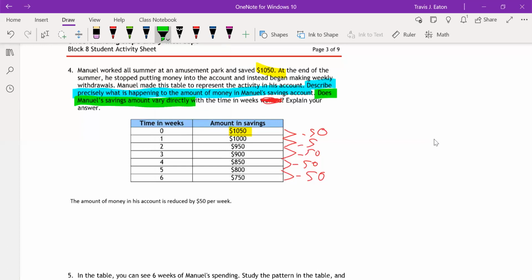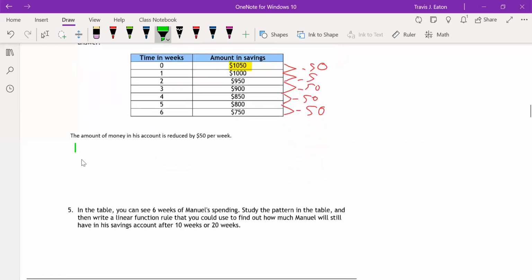To help us answer this question, somebody says, no, it is not a direct variation, right? Got to type there. Perfect. Okay. It does not. Exactly.